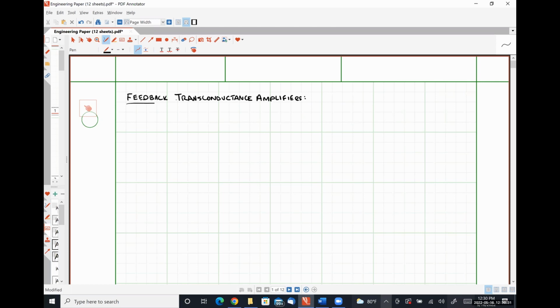And if we have time, we might get into feedback resistance amplifiers or feedback current amplifiers today as well. So we're going to start with our ideal case where our signal resistance R sig is equal to 0 ohms and our load resistance RL is infinitely large, or an open circuit.